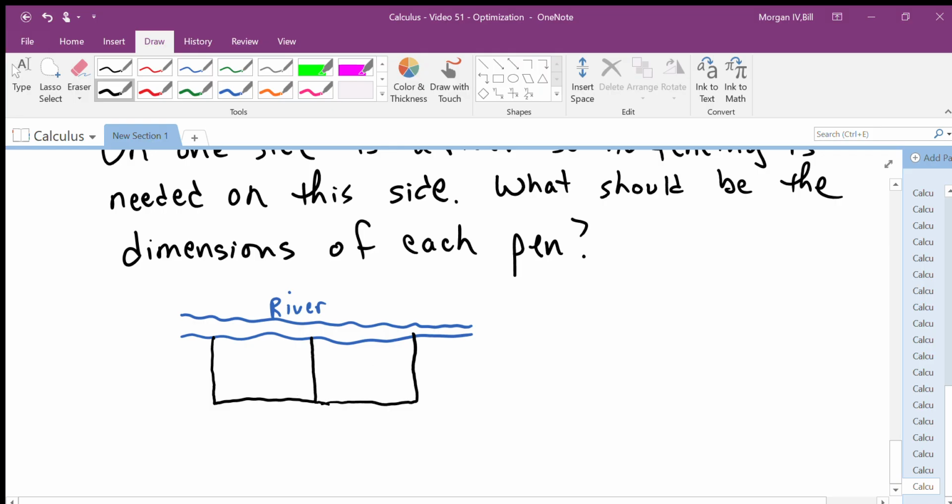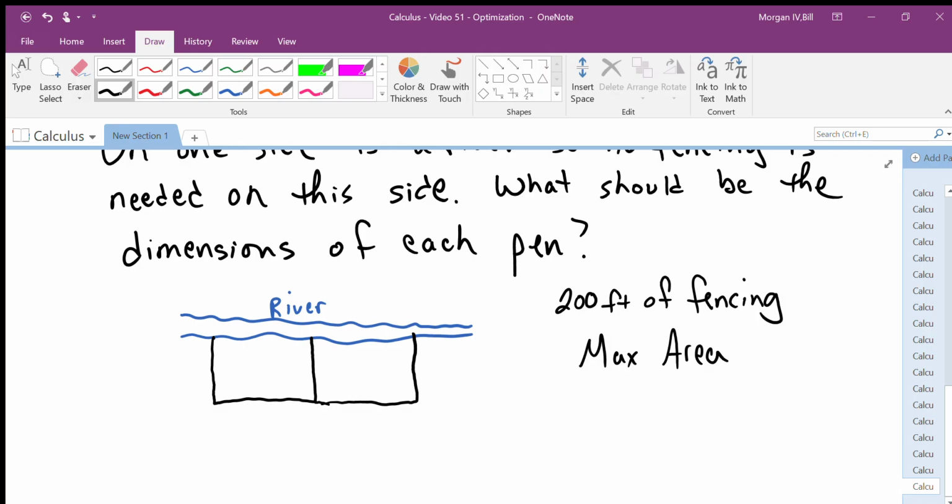All right, so 2 pens up against the river, maximizing the area of those pens, noting that I have 200 feet of fencing. And we want to maximize area. And the question is, what are the dimensions of each pen that would maximize the area of the pens?